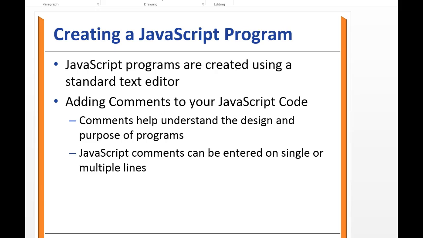Adding comments to your JavaScript code is helpful. Comments help explain the design and purpose of your program, because if somebody else wants to read your program, they can understand it by reading those comments. JavaScript comments can be entered on single or multiple lines.